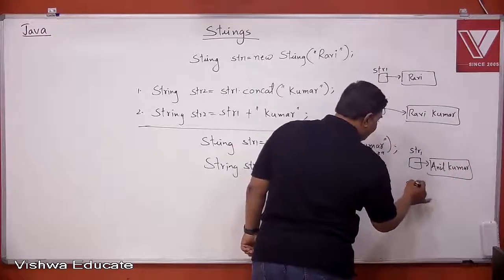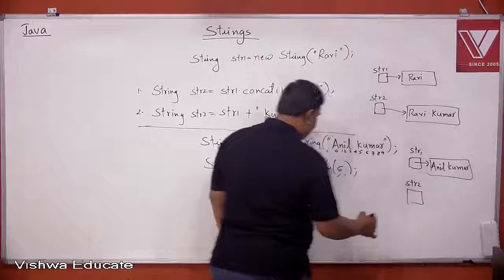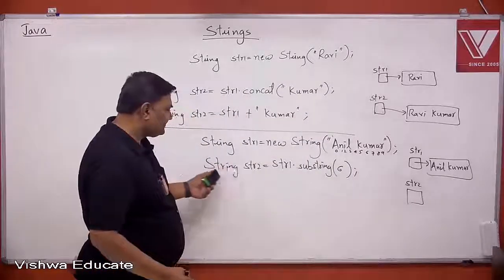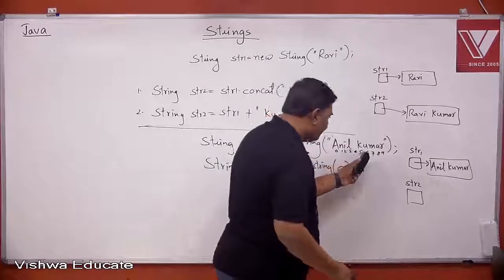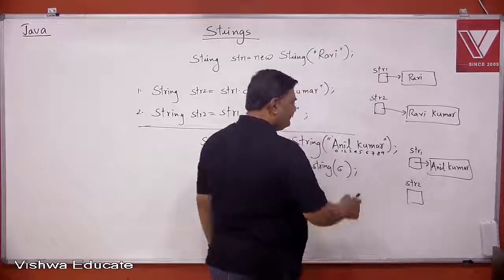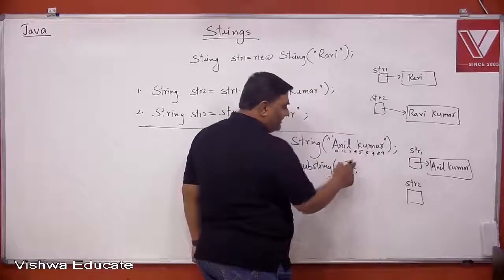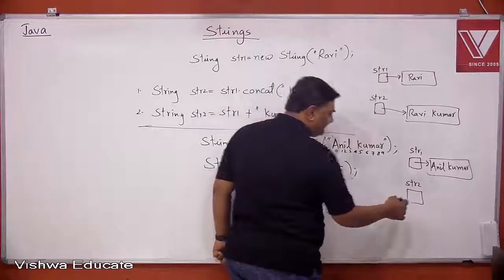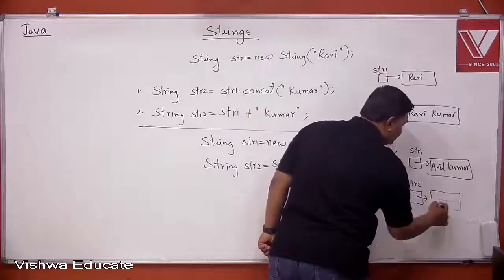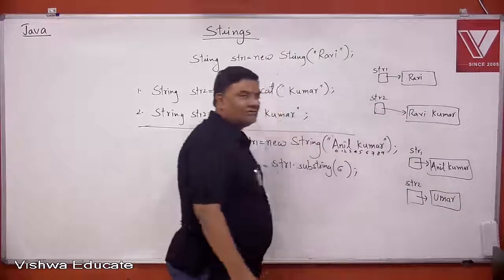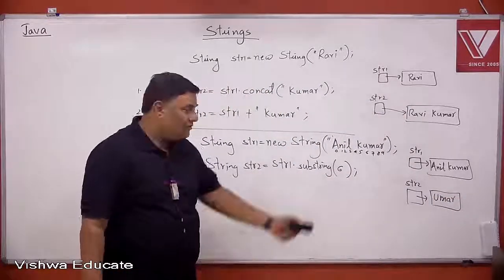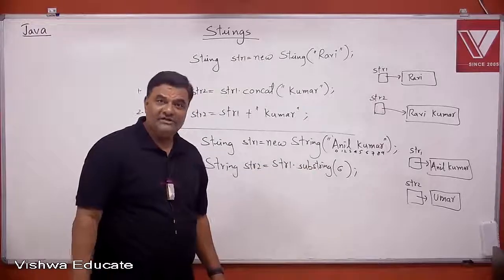Then str2, we have taken a substring of str1. So from where? From the 6th alphabet onwards, index 6 onwards. So 6, UMAR, right? So we get a new string, another string.